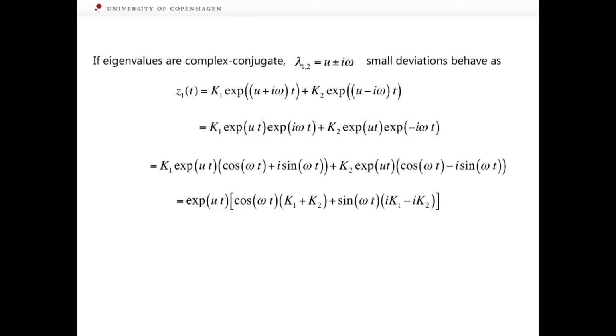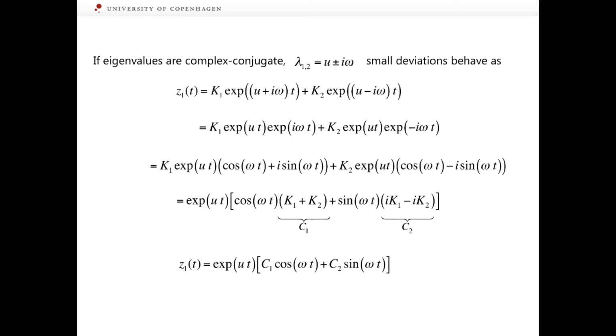Now cosine is multiplied by a sum k1 plus k2. Because k1 and k2 are just some constants, we can denote this sum as some other constant c1. And similarly, ik1 minus ik2 is just a constant, which we can denote as c2. With account of these new notations for the constants, let us rewrite the expression for z1 of t.